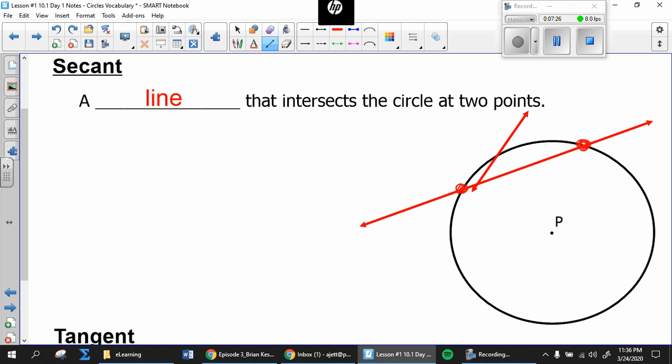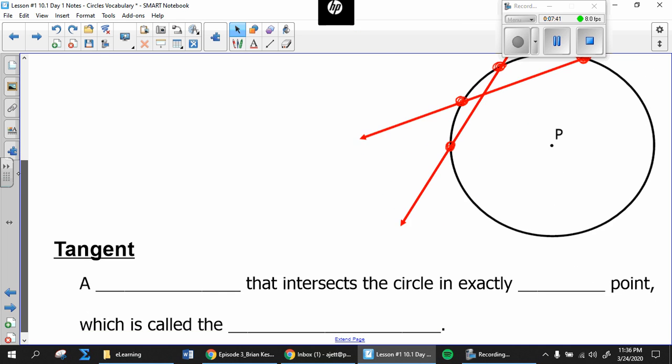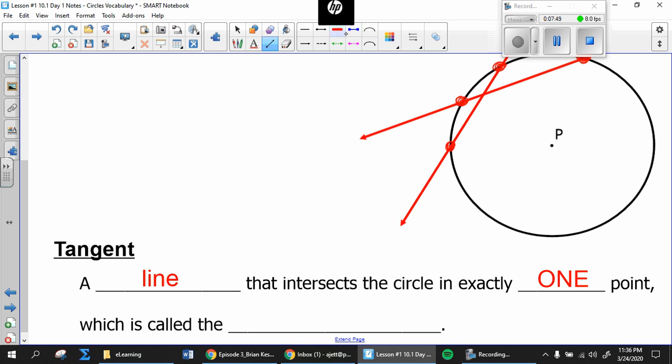This right here would be a secant. Any line that crosses the circle at 2 different points is a secant.